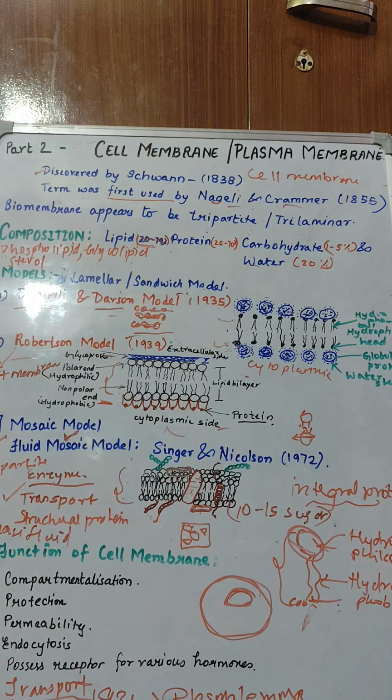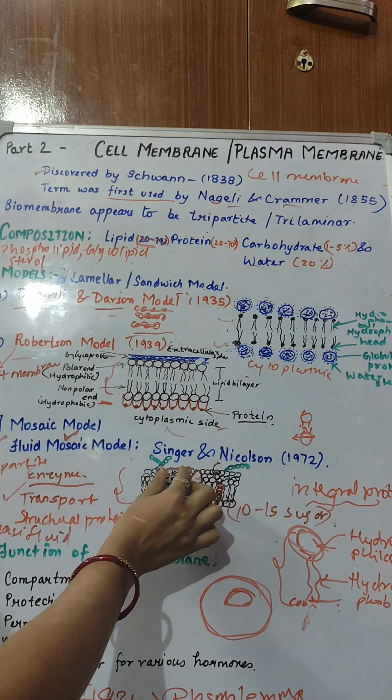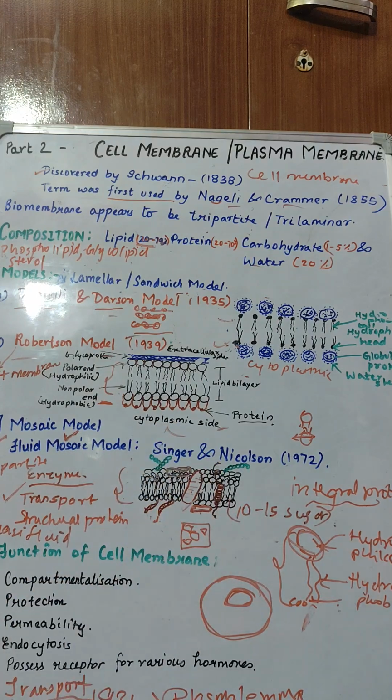So this was transmembrane protein. Such kind of proteins are present, and some proteins are peripheral, they are extrinsic, they are present on the lipid bilayer surface, so they are extrinsic protein or peripheral protein. So they told us about protein, how they are present.